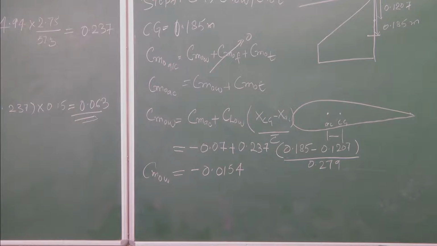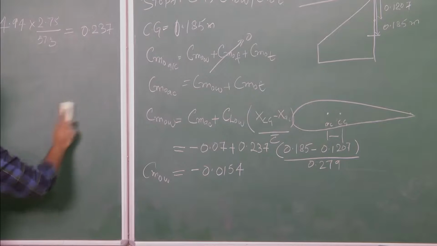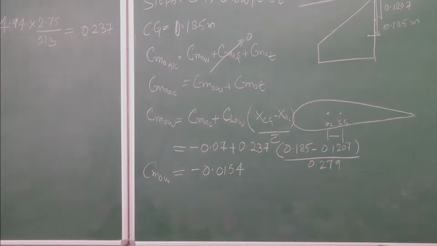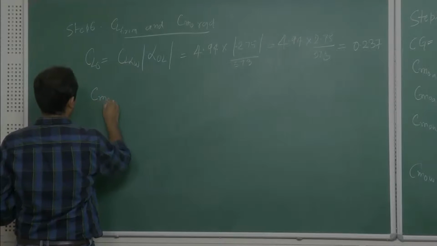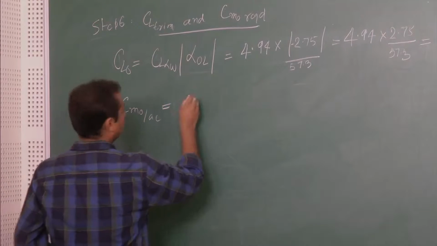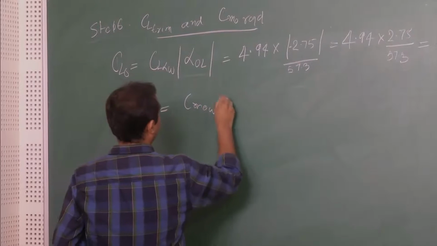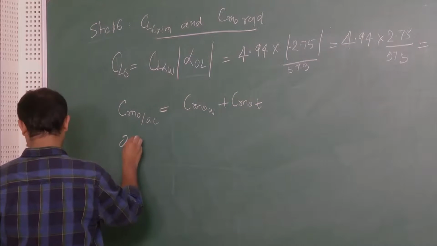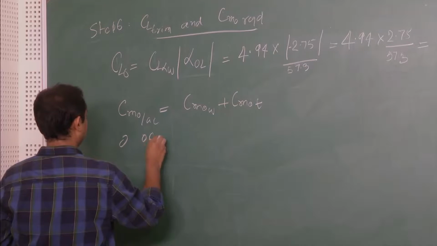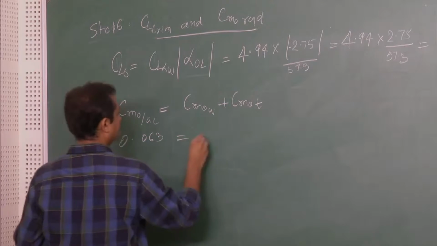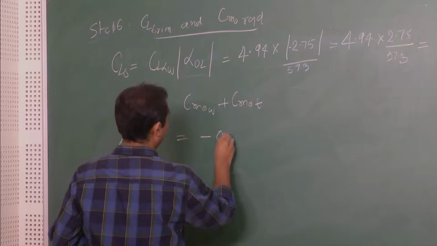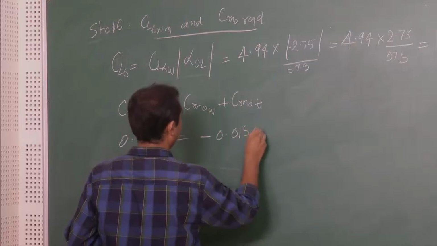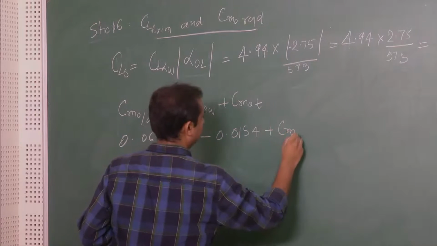Once we get the value of Cm naught of wing, we can subtract that from total Cm naught required for the aircraft, which is Cm naught of aircraft equals Cm naught of wing plus Cm naught of tail. This was 0.063 equals, we got 0.0154 plus Cm naught of tail.